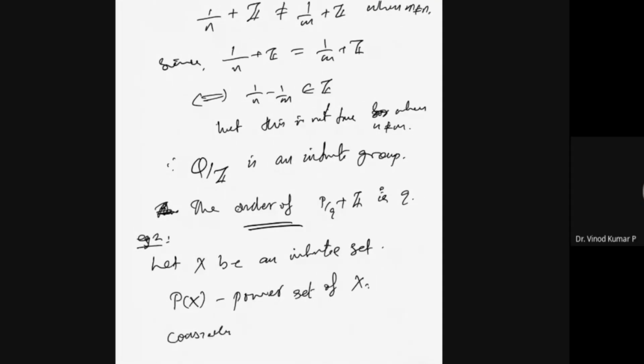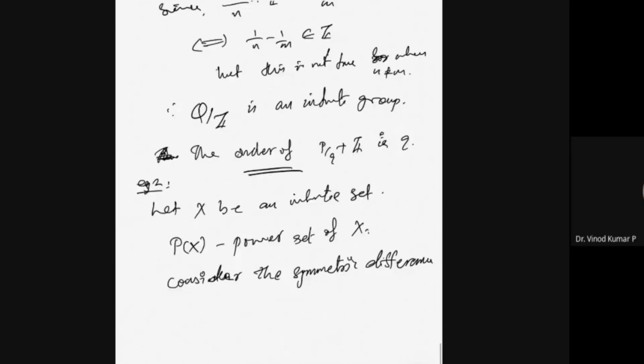consider the symmetric difference. Let me denote it by delta of A, B for two sets A and B. This is (A difference B) union (B difference A).